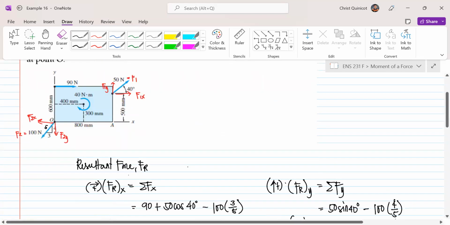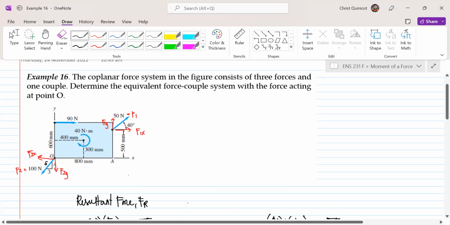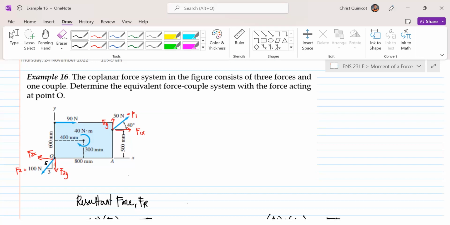If you can observe, our 90 Newton follows a clockwise moment, and the 40 Newton meter is clockwise as well. F sub 1y follows a counterclockwise moment, and F sub 1x follows a clockwise moment. So we start with what is positive, and that is F sub 1y, and its perpendicular distance is 800 mm.